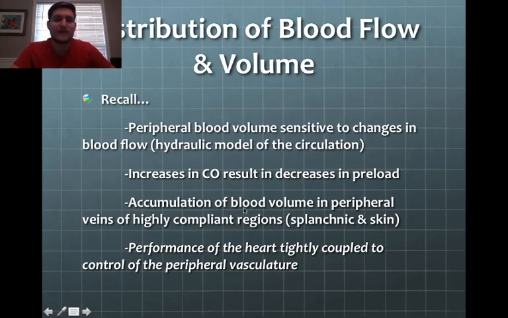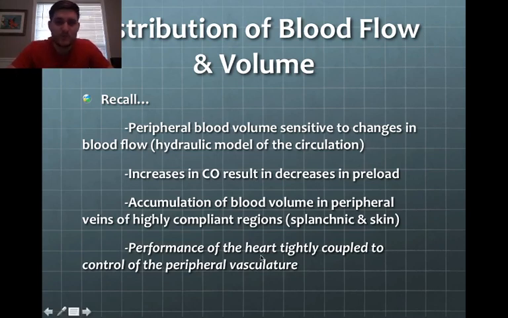And so a lot of that blood is going to accumulate in the veins of those regions, in particular two highly compliant beds: the splanchnic circulation and the skin. So, if that blood is being distributed to these areas and not returning to the right atrium, we're going to have a decrease in preload, and consequently we could have reductions in stroke volume and cardiac output if nothing else changes.